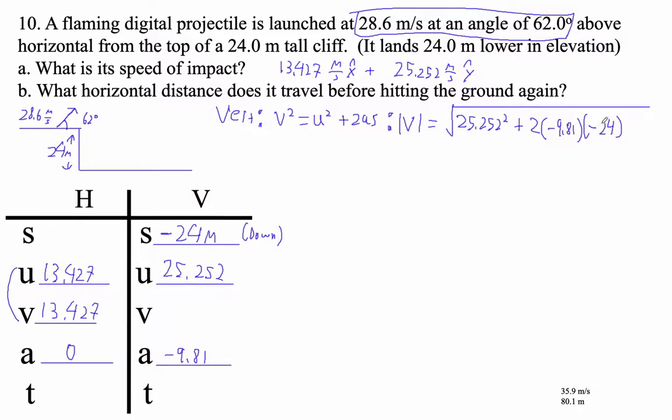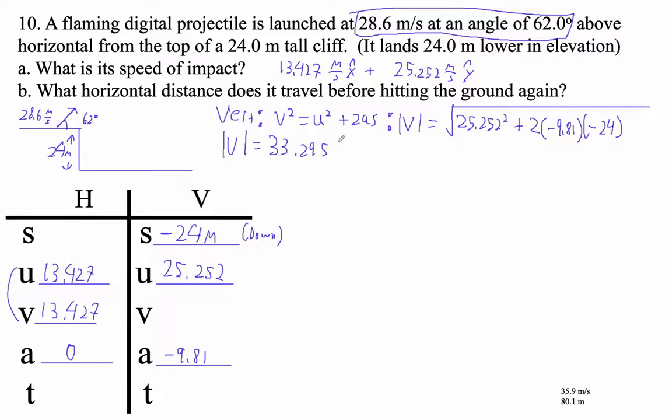The two negatives make that term positive. It's going to make the magnitude of this velocity bigger than the 25.252. All right, I can do this. Square root of that guy squared plus 2 times negative 9.81 times negative 24. And that's 33.295.